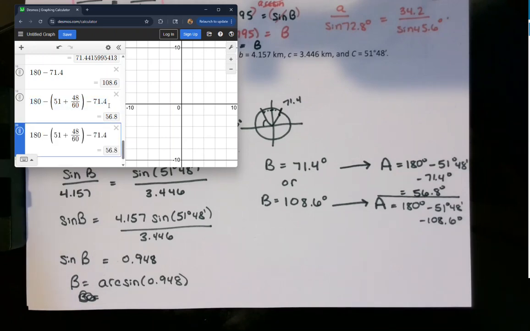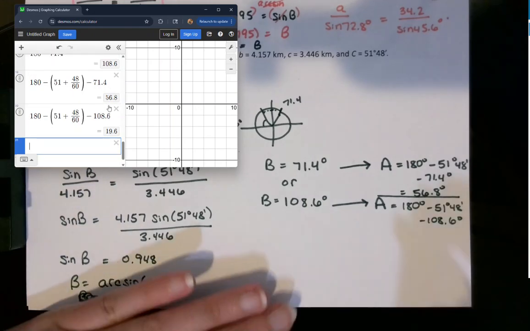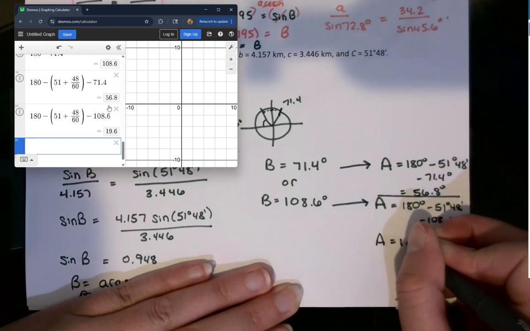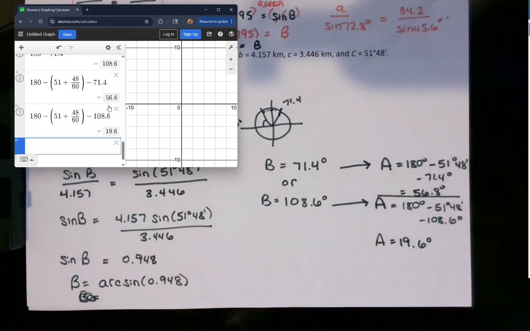Just going to copy this and change the angle that I subtract to 108.6 degrees. And this version of angle A would be 19.6 degrees. Okay.